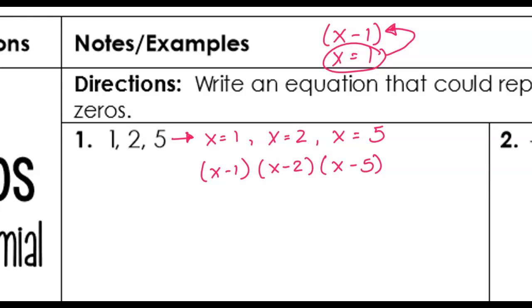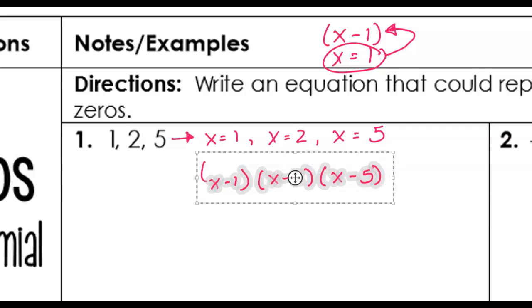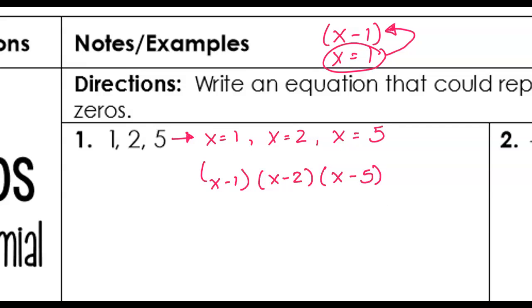So I hope that you're now realizing what we're going to have to do. We need to combine these factors to equal a polynomial in standard form. To do this, last year your teachers taught you in all different types of ways.